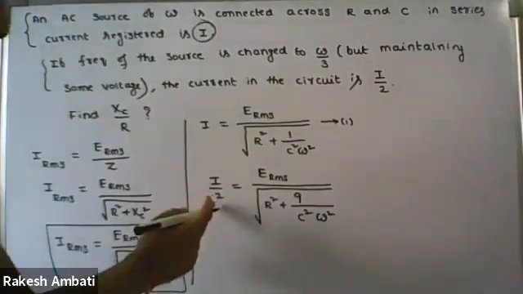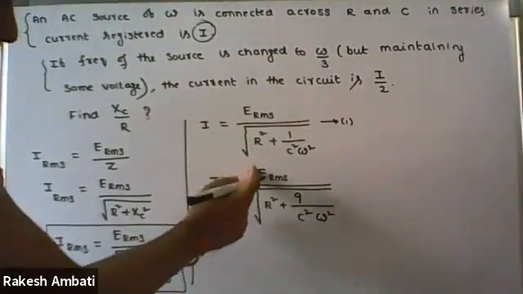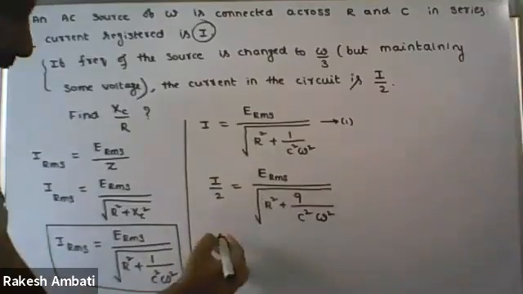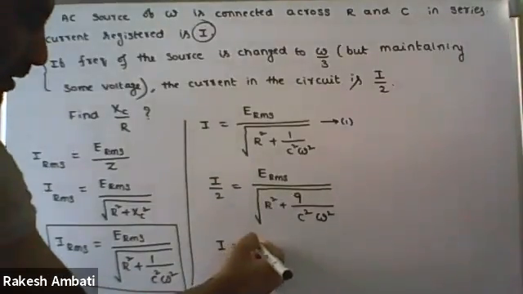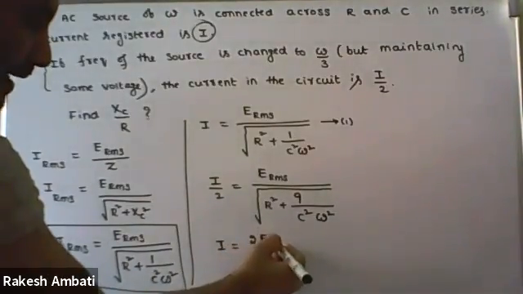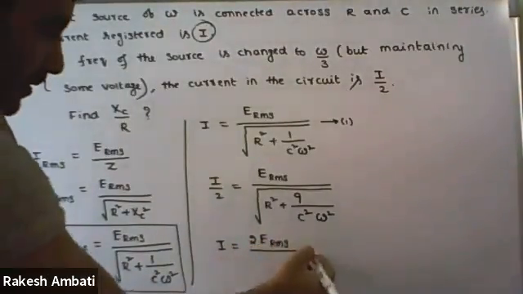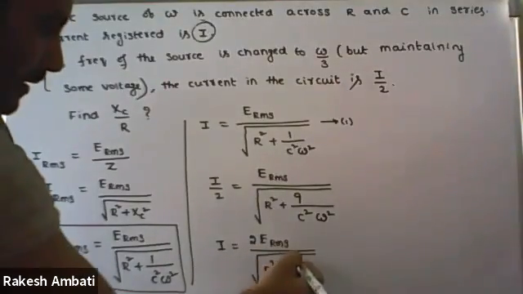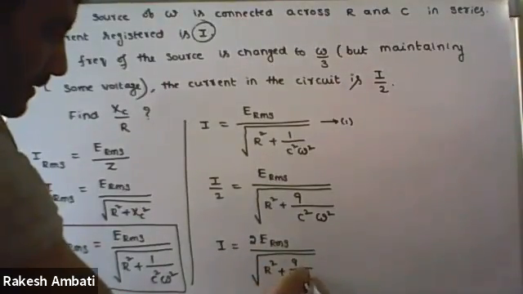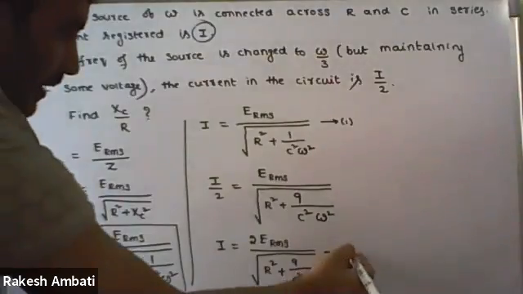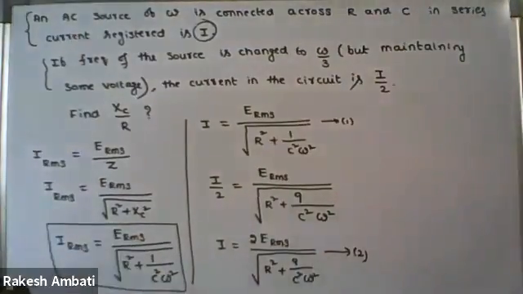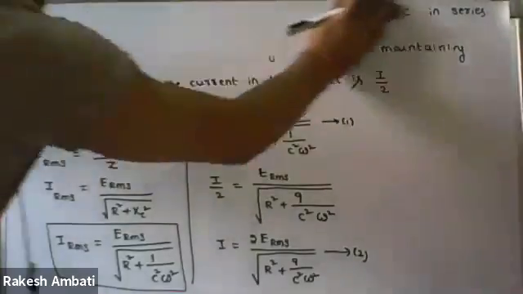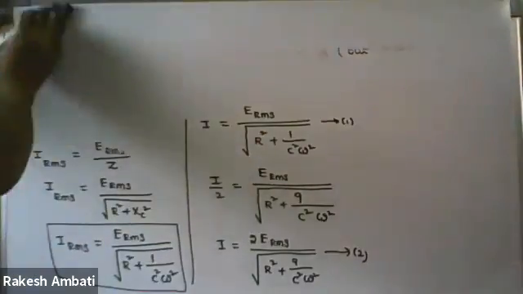Taking the 2 to the right hand side, I equal to 2 times ERMS upon root over R square plus 9 upon C square omega square. Equation number 2.